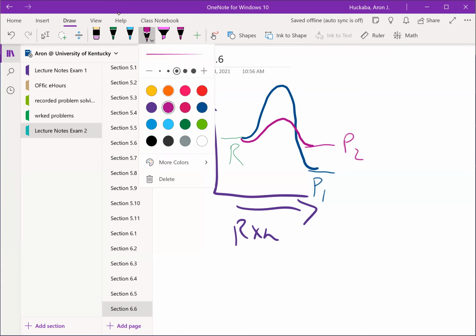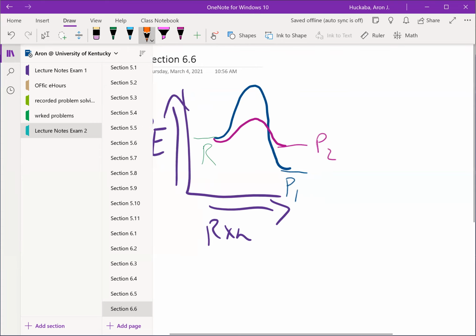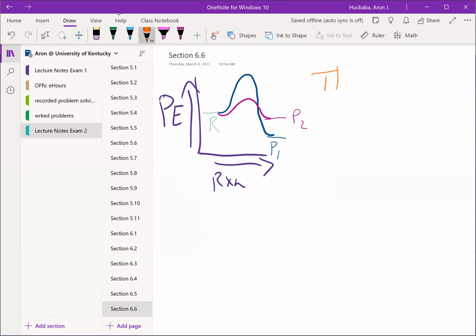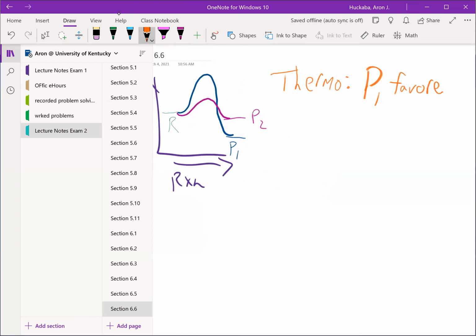So let's write this out here. Thermo, that is Gibbs free energy, tells us P1 is favored, because the delta G is more negative than for P2.